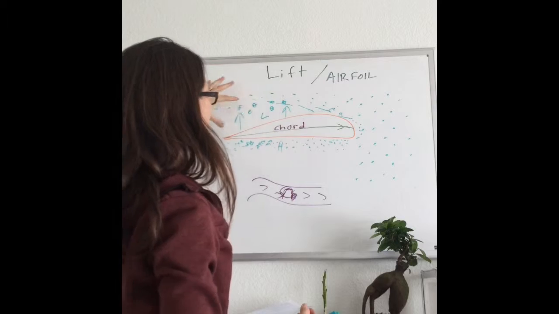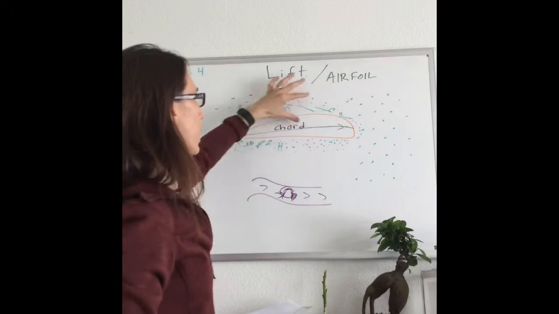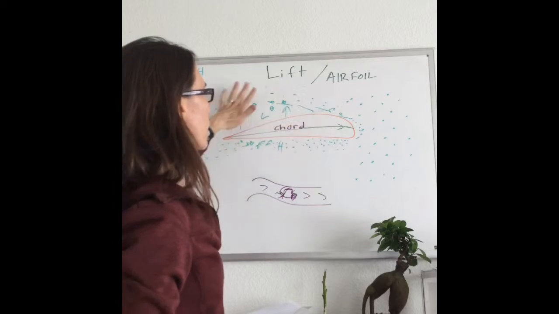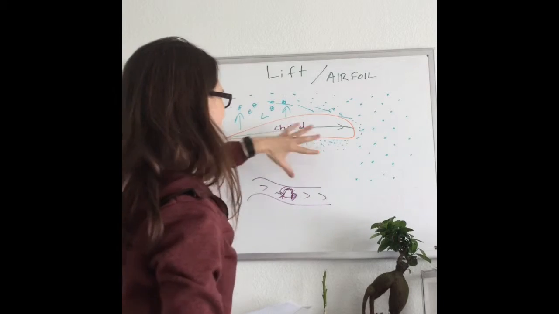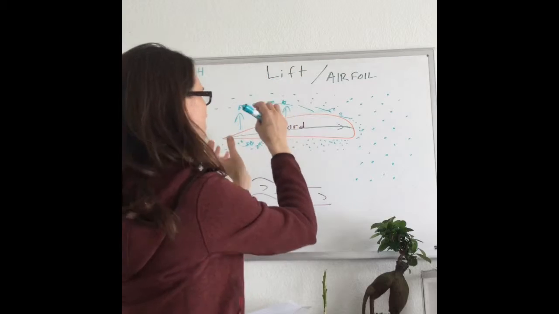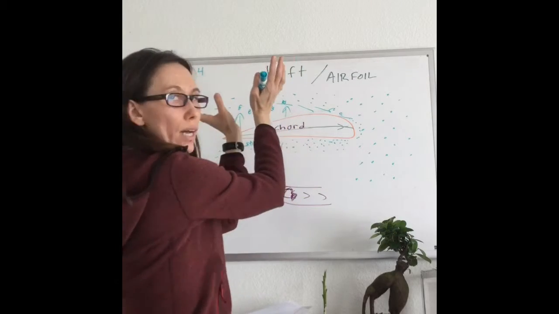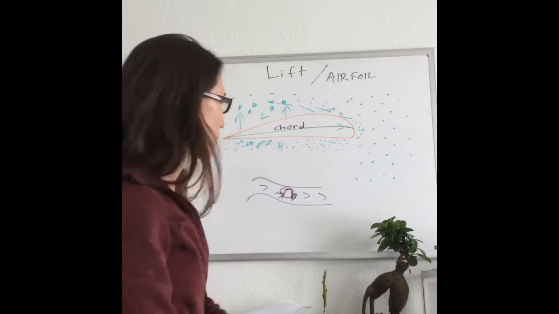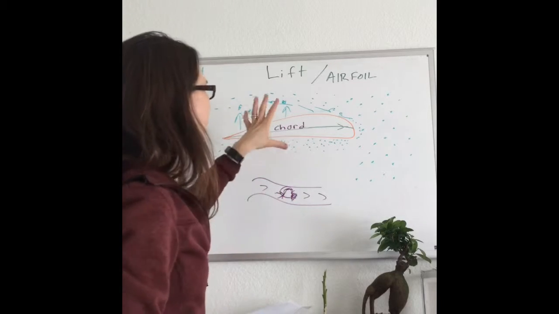It would lift away, separate away a little bit from the top and give you some space, give you some breathing room up here, but it would still catch down here. So it's going to cause a low pressure system and a high pressure system, and it's going to push the airfoil up.